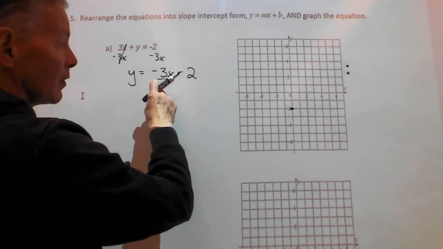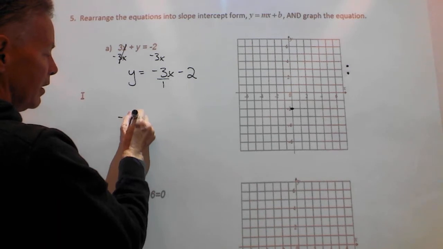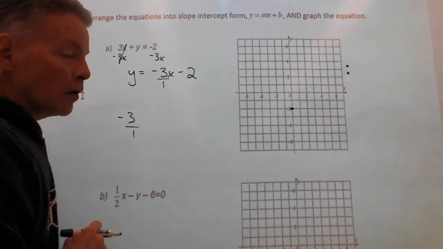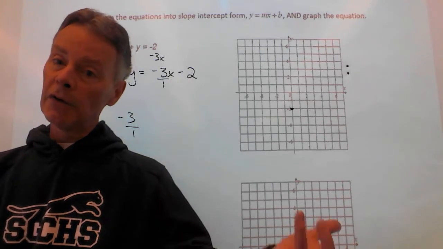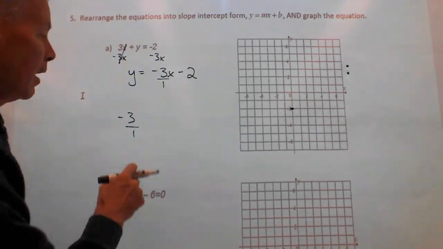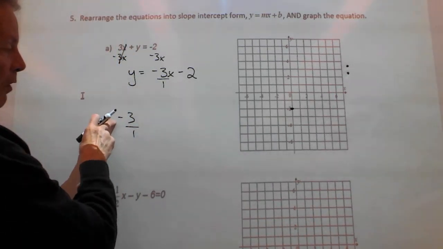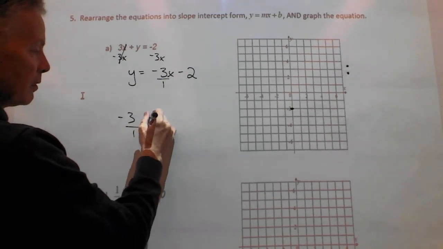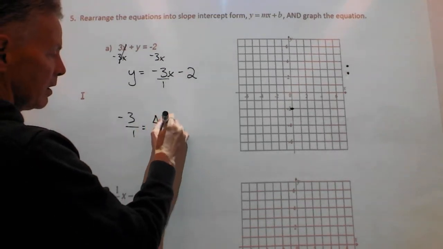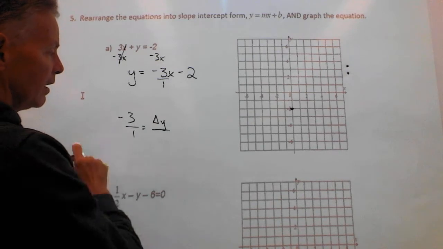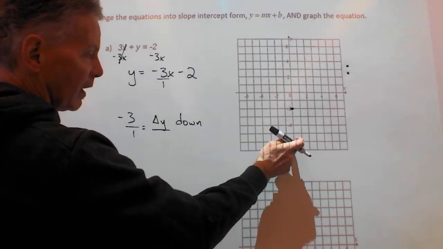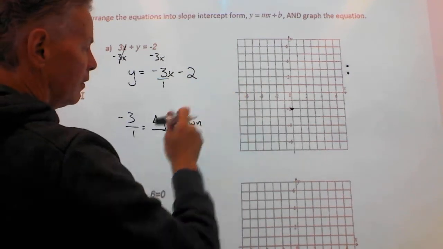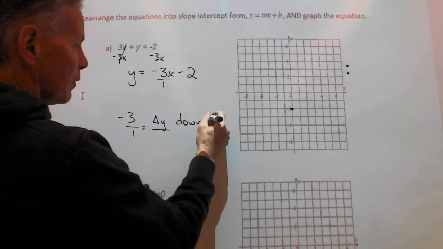Now, using the slope, which I'm just going to write here, remember the slope tells you how to get from any point on the graph to a second point on the graph. Because our rise, our delta y, is a negative, that means we're going to go down, because down is negative, right? And left is negative. We're going down 3.